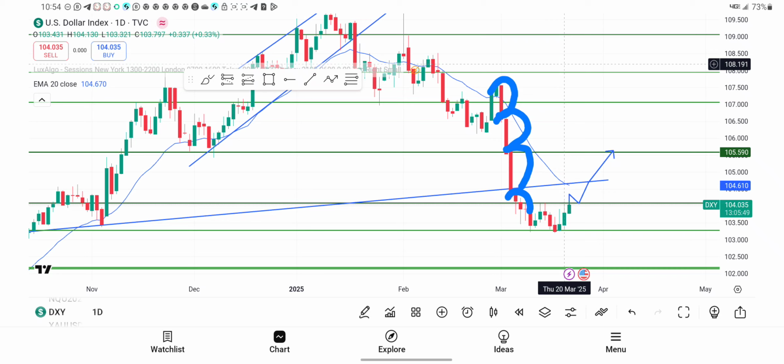Now all the push to this upside, even to today's work, this is what has been able to give us so far a retracement into these particular candles. That is just the level over here.